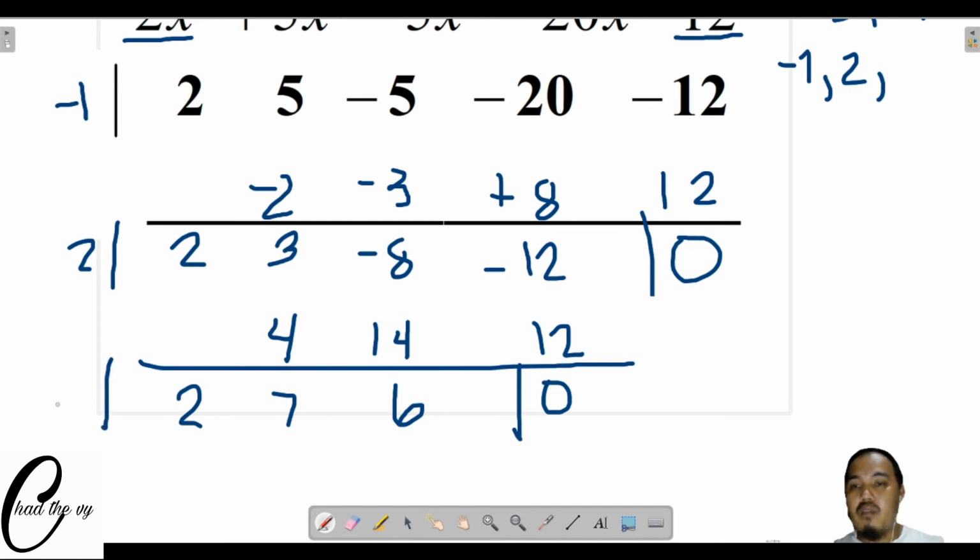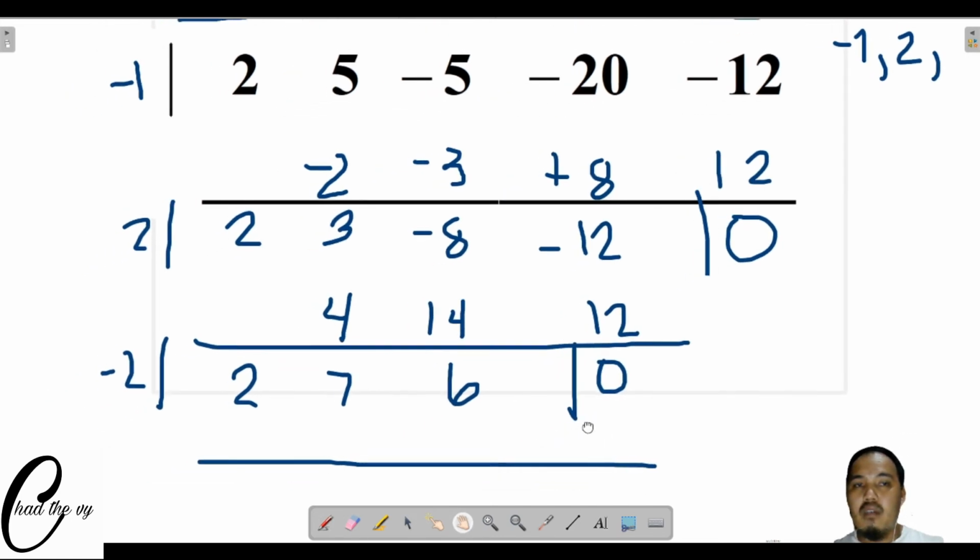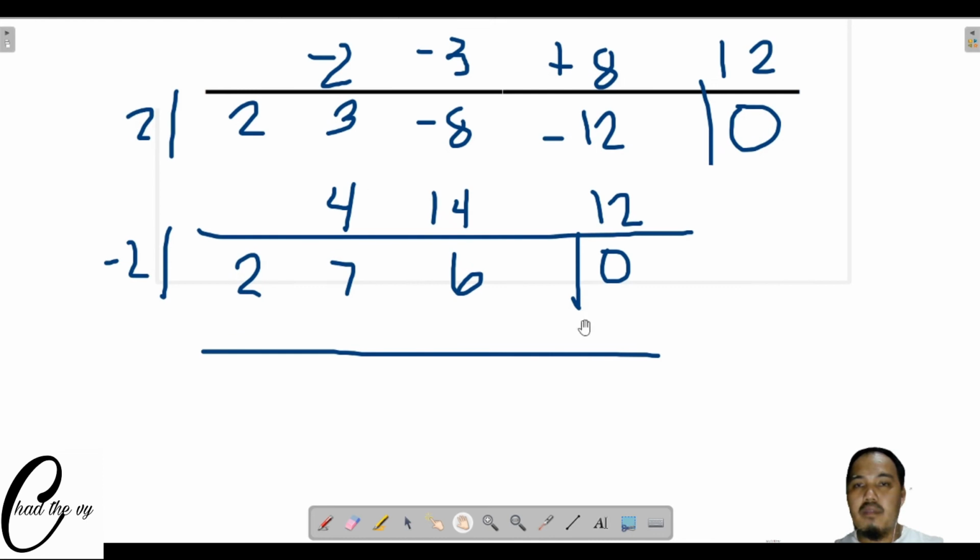So, negative 2 naman tayo. Negative 2. Taas ko lang ulit. Yan, konti. So, 2, negative 4. Then, add natin 3. Negative 6. Oh, ito. 0 din.